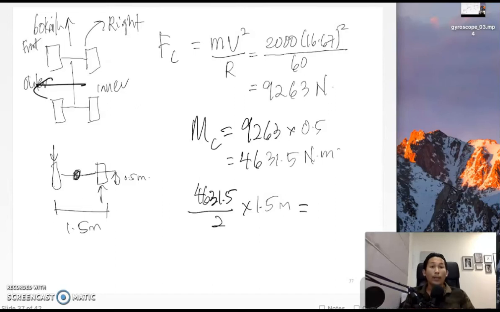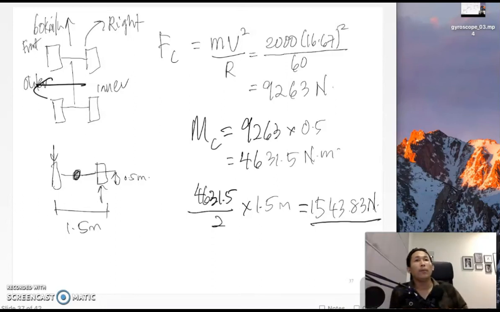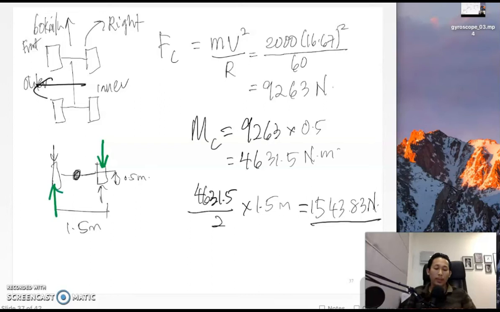So we get 1543.83 Newton acting on each wheel. Okay, the reaction of the centrifugal force, this one is for the action, and the reaction, okay, the reaction of the inner wheels will be downward and the outer wheel will be upward. That is the reaction.